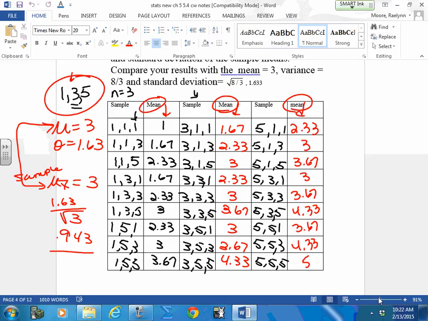So now let me show you the difference. If you had a mean of 3 and a standard deviation of 1.63, and subtract that, this is 1.37. Now, if you have your standard deviations here, your mean is still going to be the same thing.